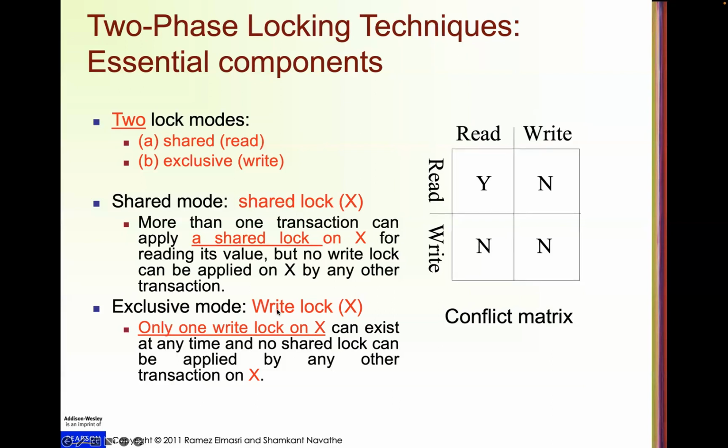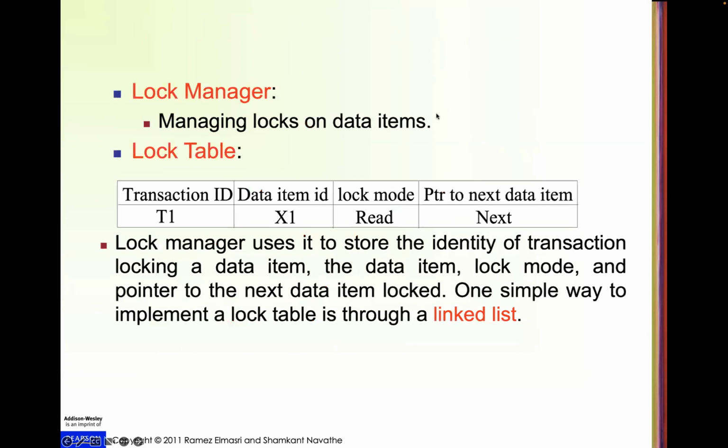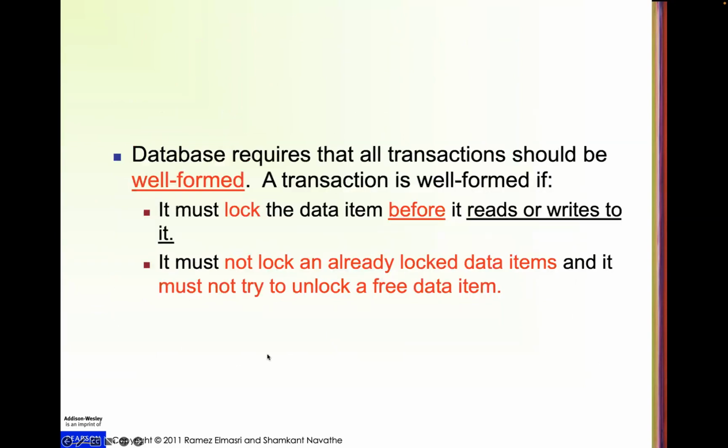The exclusive lock, or the write lock, is given to only one transaction to work on X. Only one write lock on X can exist at any time, and no shared lock can be applied by any other transaction on X. It means that if X is locked to be written by T1, then T2 cannot apply for a read lock or a write lock, or access it, until T1 releases the lock on X. We have talked about the lock manager and the lock table. Now, next.